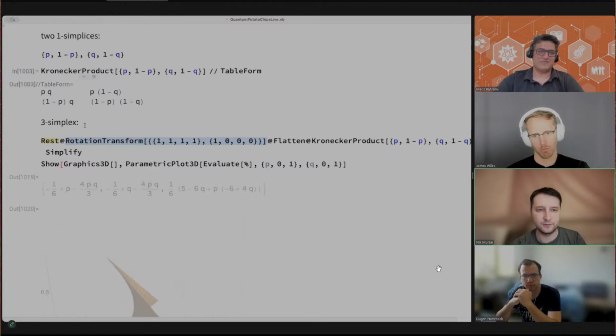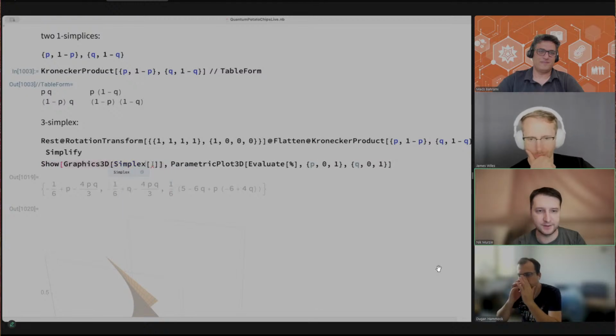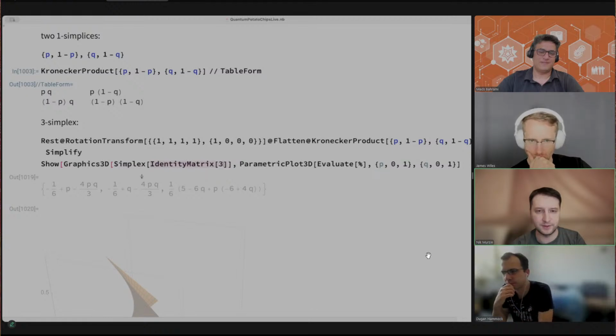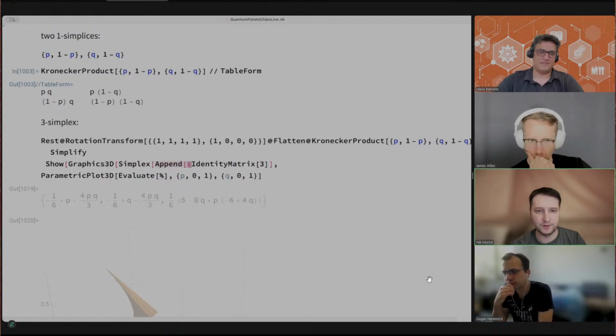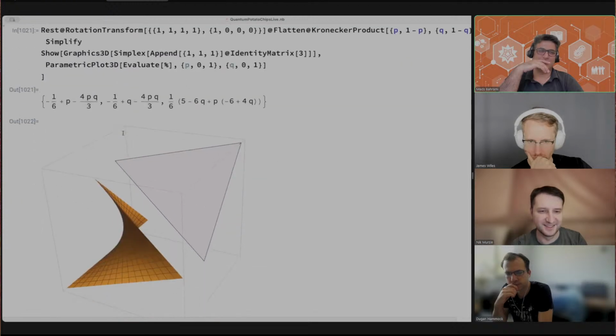Yeah, we can do that. Well, is it just to show the tetrahedron or simplex? Is it the identity matrix with some 1s appended to it? No, it's a bit more complicated than that.